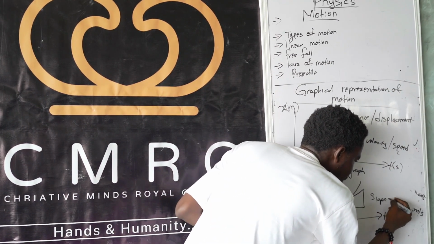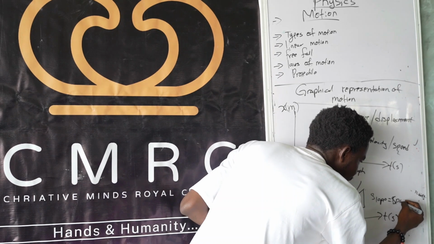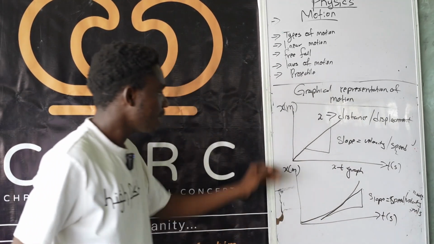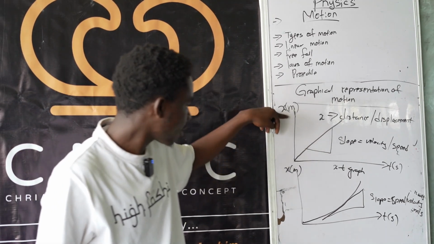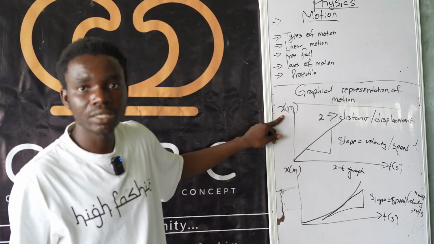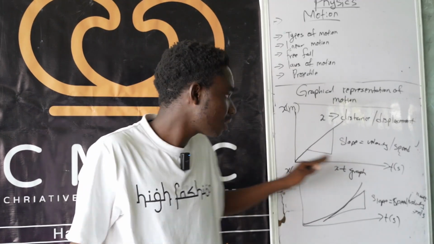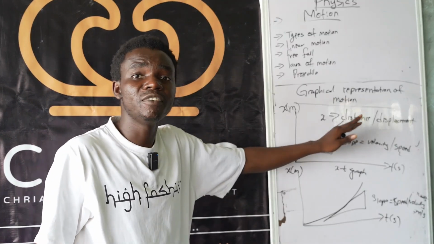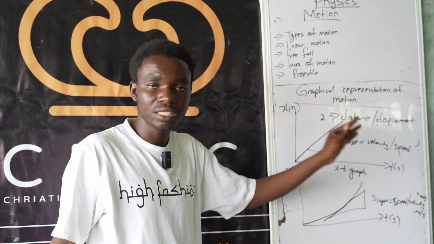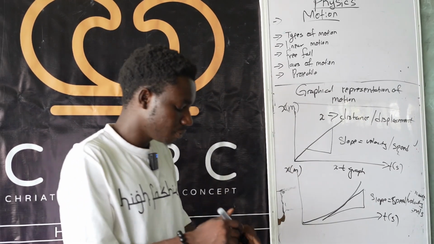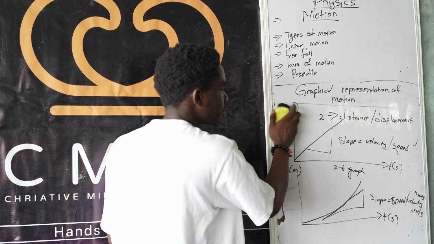The slope will still be representing either speed or velocity. So whenever you have displacement or distance on the vertical and time on the horizontal, the slope of that graph is going to be velocity or speed, depending on what is on the vertical axis. So that's for the displacement time graph.